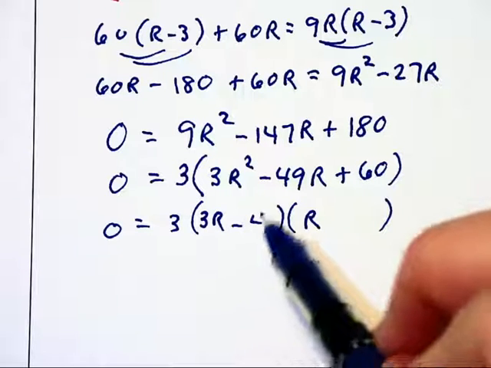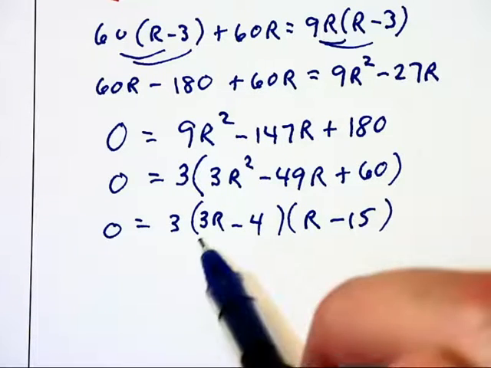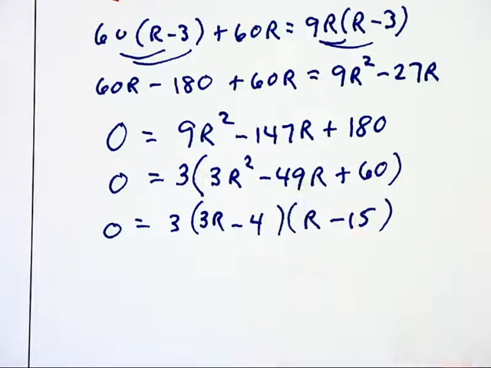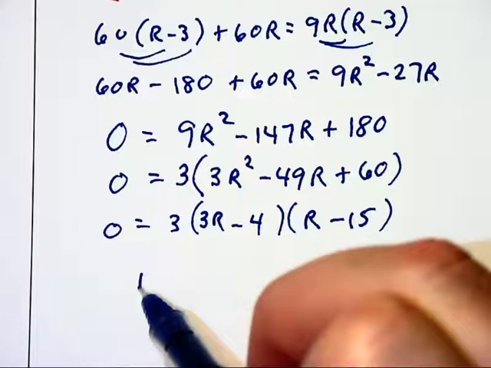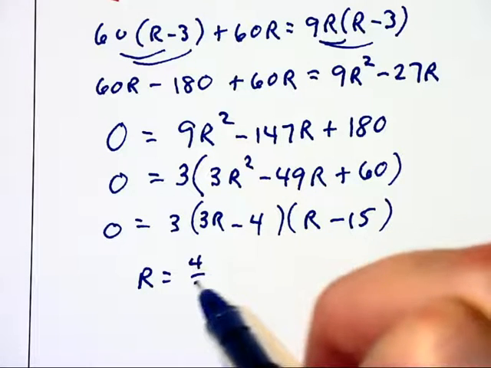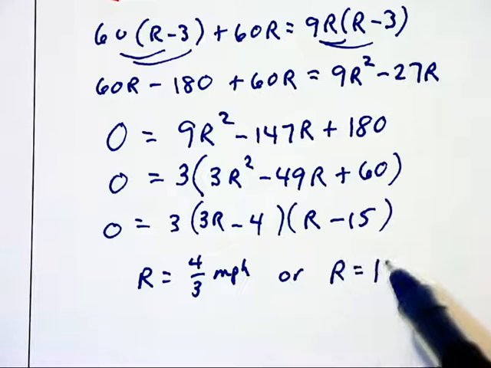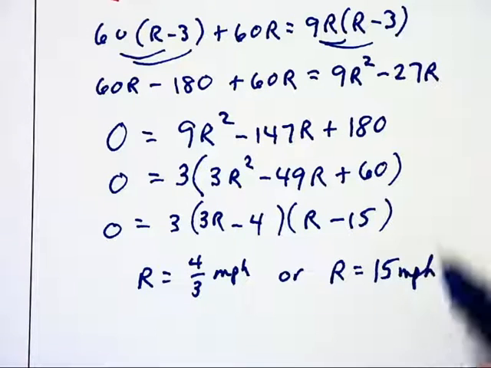A minus 4 and a minus 15. That gives me my minus 45 on the outer and minus 4 in the middle, making that minus 49. And it turns out then that r is equal to 4/3 miles per hour, or r is equal to 15 miles per hour. It looks like we have two solutions here.